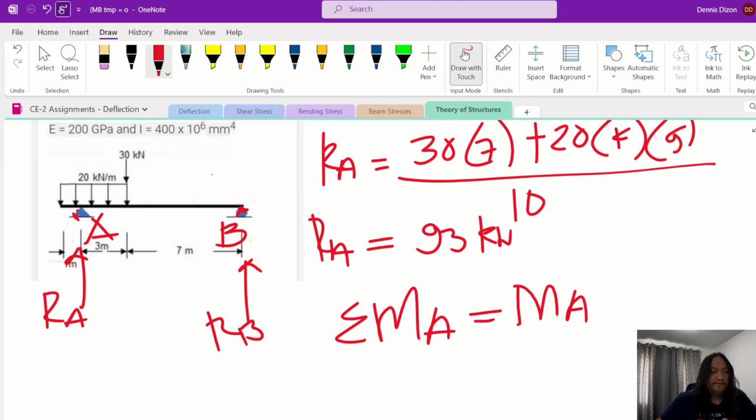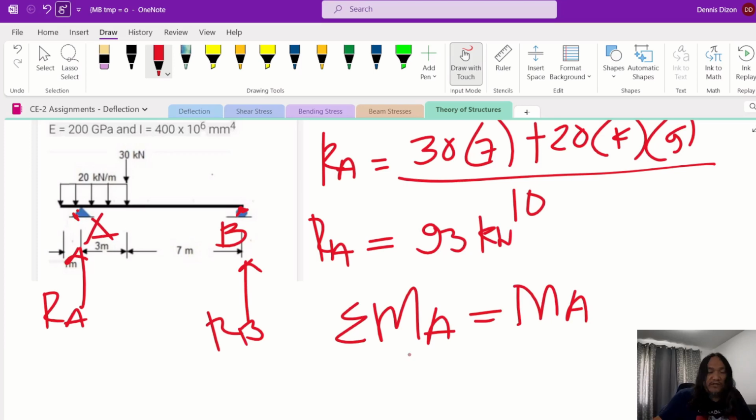So actually we have two solutions here. It's either we equate summation of moments at A equal to the moment at A and just cut a section and consider a segment, or you use the total load and equate the summation of moments at A equal to 0.